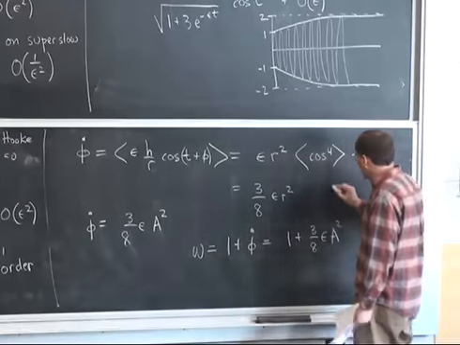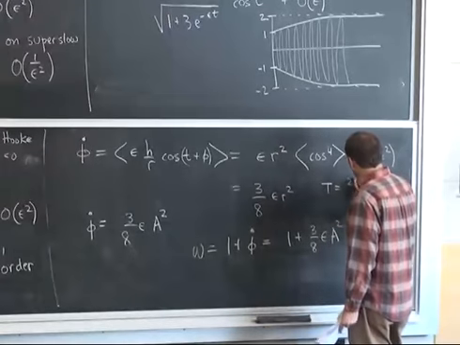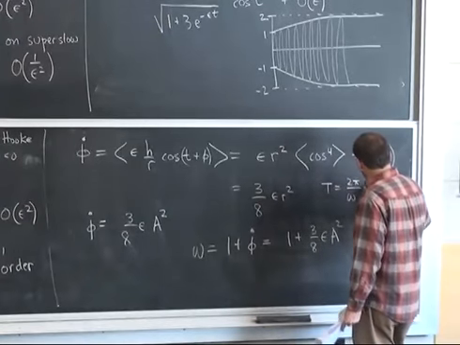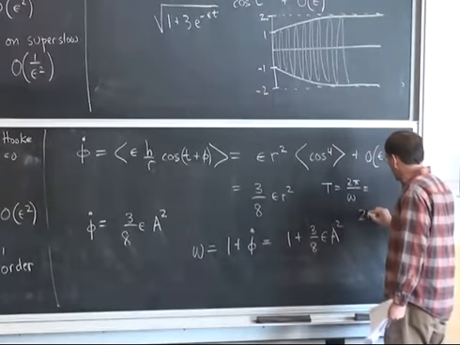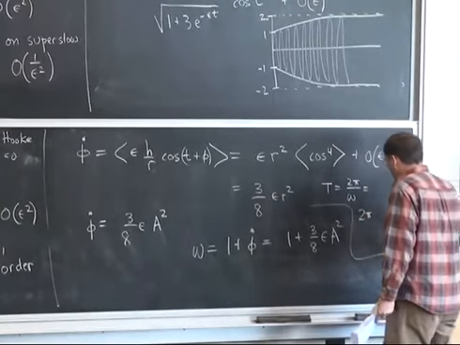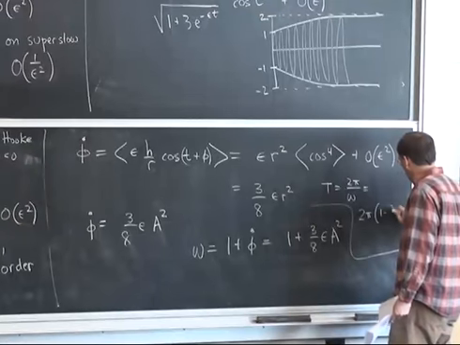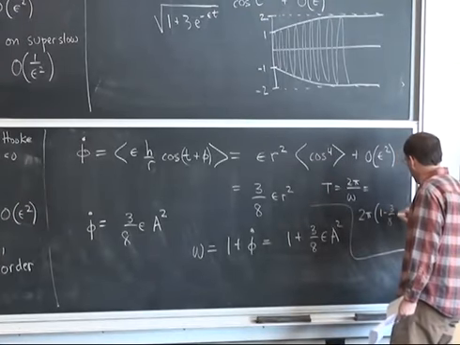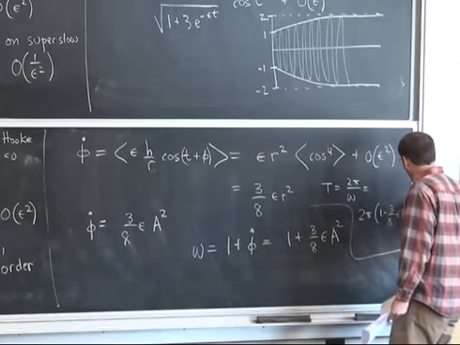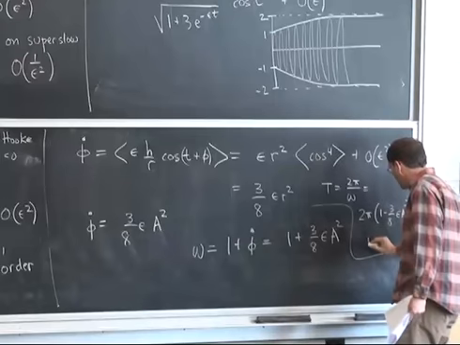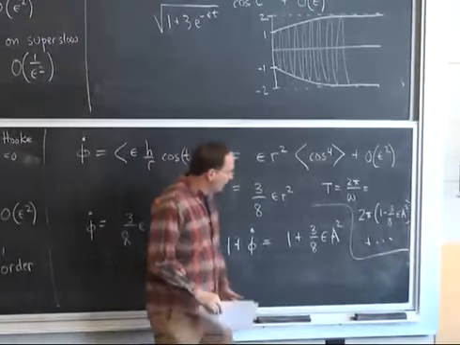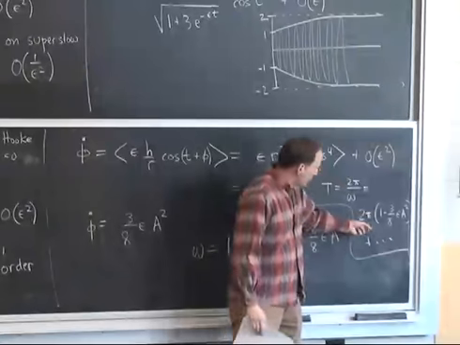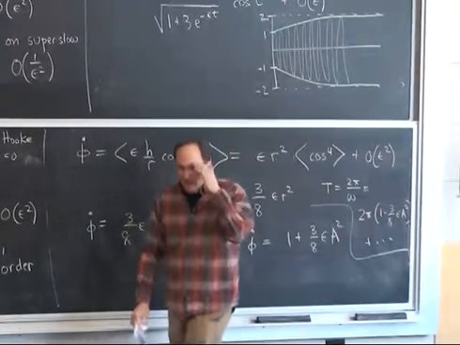Or in terms of the period, you could say 2 pi over omega. That's going to be, to leading order, 2 pi and then 1 minus, you can check, 3/8 epsilon a squared, plus additional correction terms of higher order in epsilon. So as I said, at larger amplitude, the period will be less, but by that exact amount.